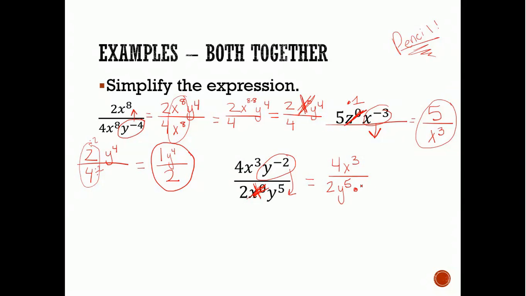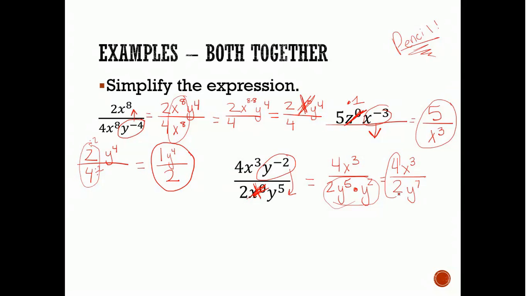What that means is now it's going to be multiplied by whatever is on the bottom. It's just going to join. But now we have 2 y's together on the same side, right? Let's combine them into one y. That's a product rule, so we have to add. So 5, 6, 7. We're going to have y to the 7th on the bottom now.